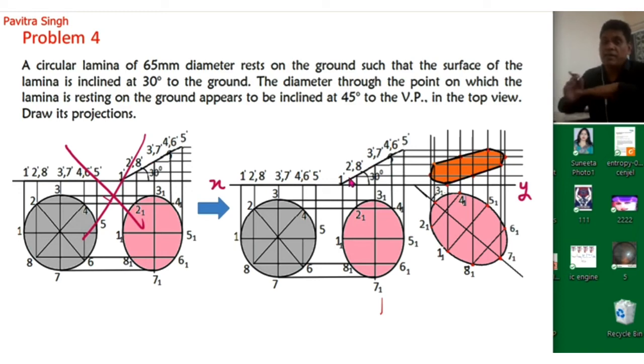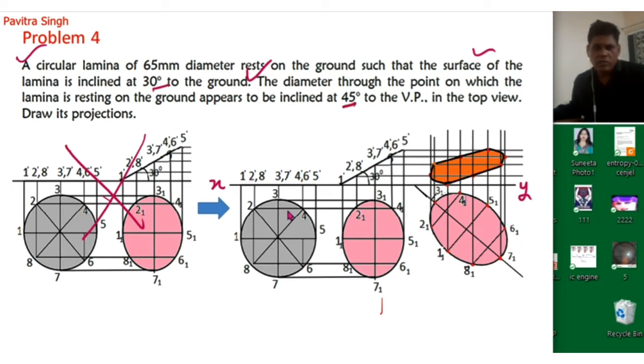This is the reference line which is connecting the vertical and horizontal plane. So now as per the given condition, we will solve this first, then we will consider this condition, then this condition.